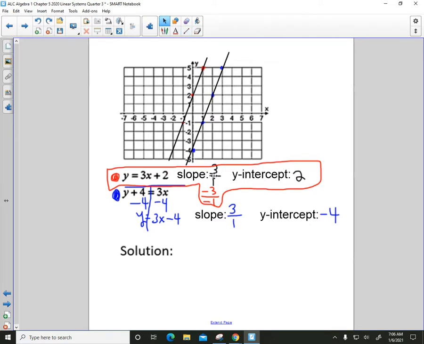And when you're looking for the solution to a system of equations, and more than one equation is graphed, what spot are you looking for? You're looking for the spot where it crosses or it intersects. But if you look here, you can see it doesn't intersect at all. In fact, do you remember what these lines are called? They're called parallel lines.